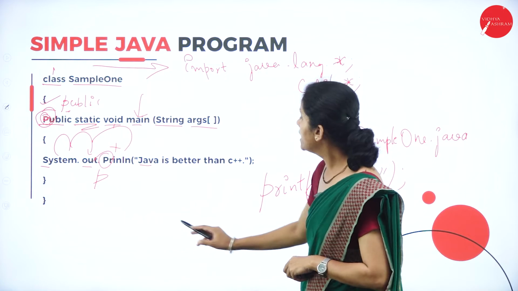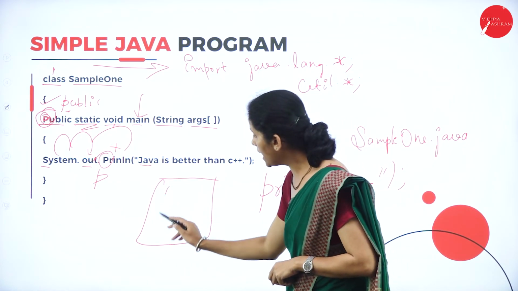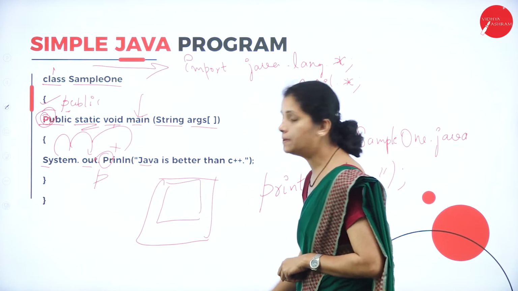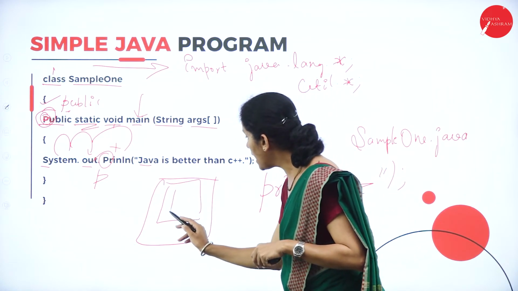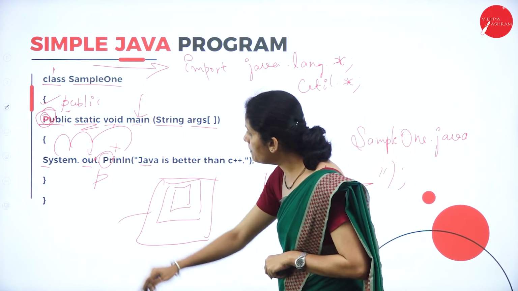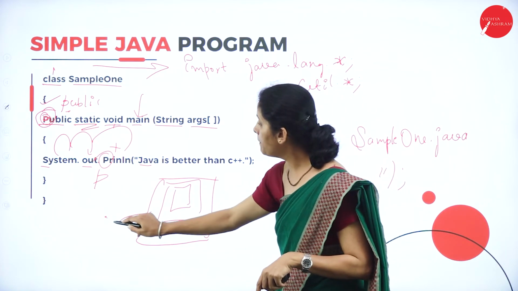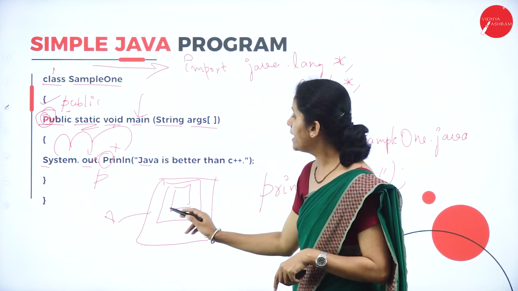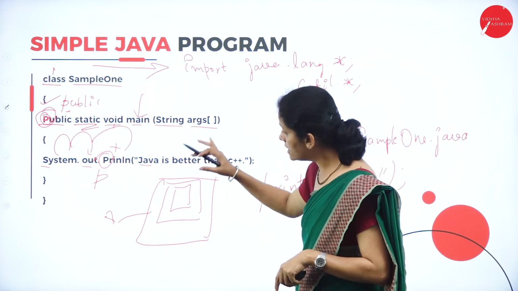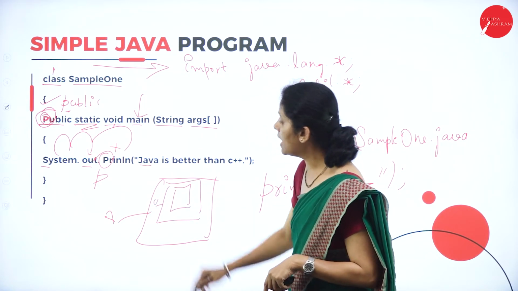That means in my one big bag, I have another small bag. Inside that, I have another small bag. So here, the big bag is nothing but System, that's nothing but the package. Then the bag inside the big bag is the class.